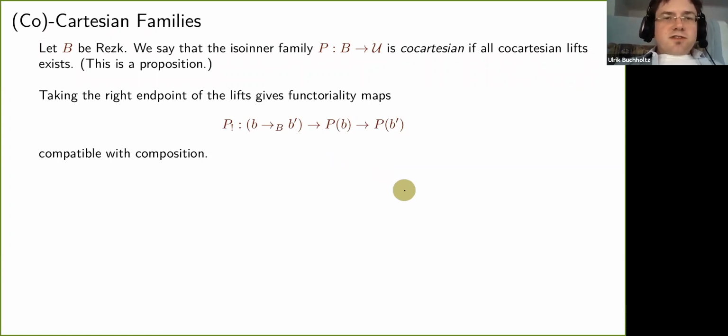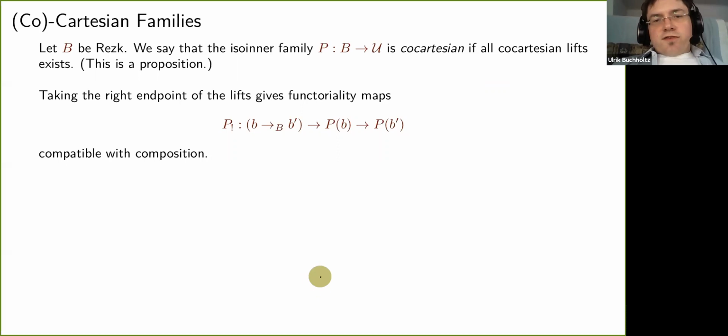What is now a co-Cartesian family? We say that an isoinner family is co-Cartesian, basis resc, if these co-Cartesian lifts always exist. Remember that the type of them is a proposition, so this is a proposition that these propositions are always true. And this implements functoriality.